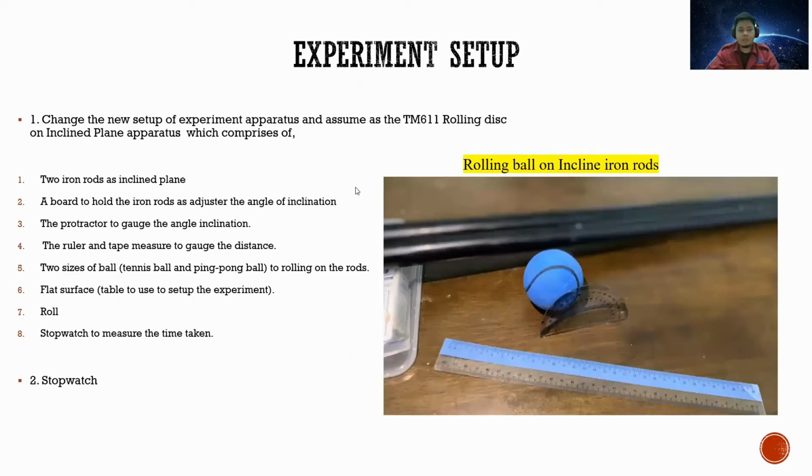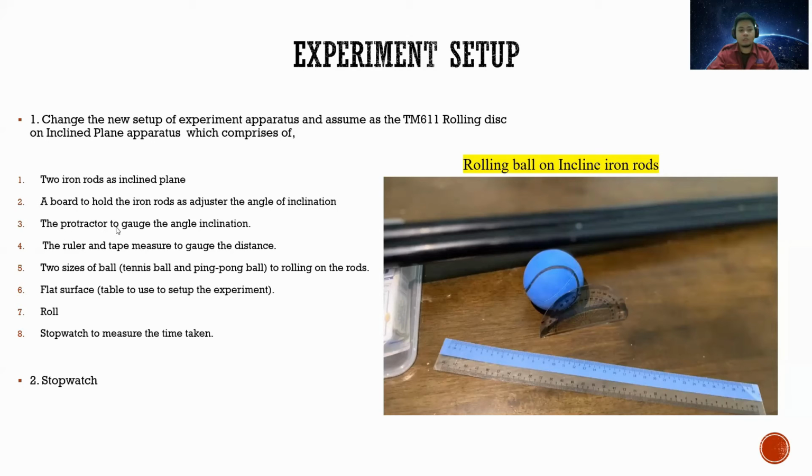Next, the experiment setup. We changed to a new setup of experiment apparatus, the TM611 rolling disc on inclined plane apparatus, which comprises two iron rods as an inclined plane, and a board or box to hold the iron rods and adjust the angle of inclination.